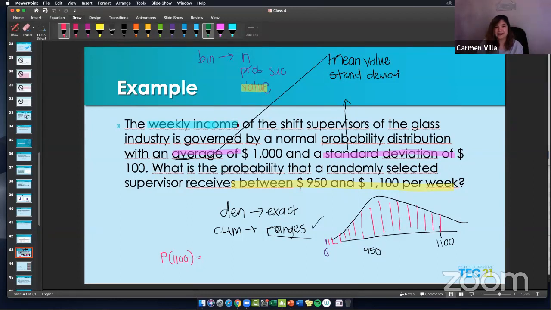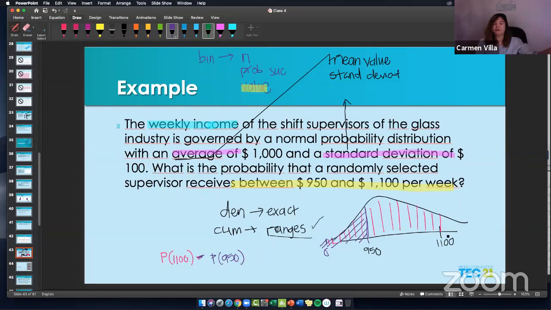But as Victor was saying, we don't need the probability that goes below 950. So what if we subtract that part? And that's where Alejandra complemented perfectly and said, from the probability from 0 to 1100, let's subtract the probability that we have from 950. And that will leave us with only 950 to 1100.